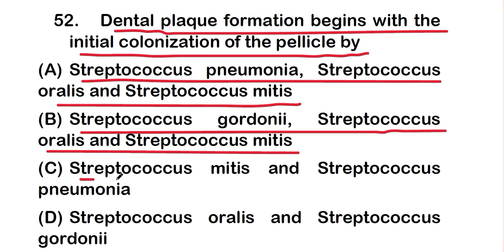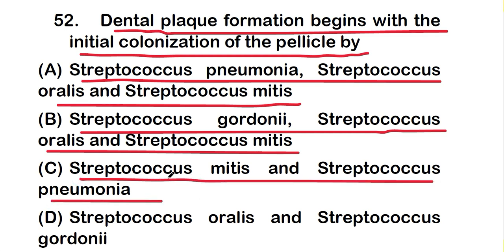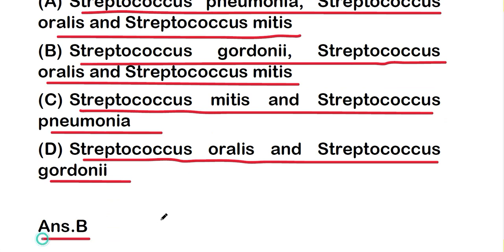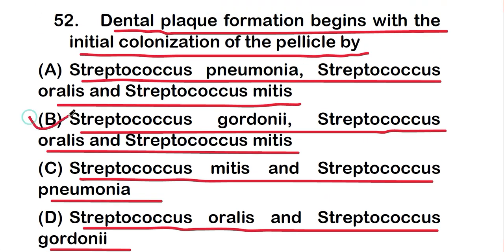Option C, Streptococcus mitis and Streptococcus pneumoniae. And option D, Streptococcus oralis and Streptococcus gordonii. So the right answer is option B, Streptococcus gordonii, Streptococcus oralis, and Streptococcus mitis. All are responsible for dental plaque formation.